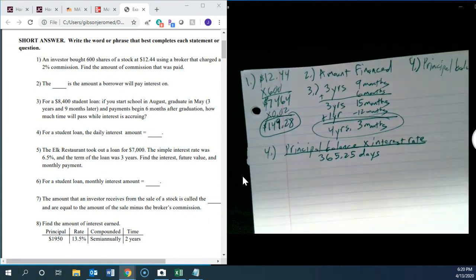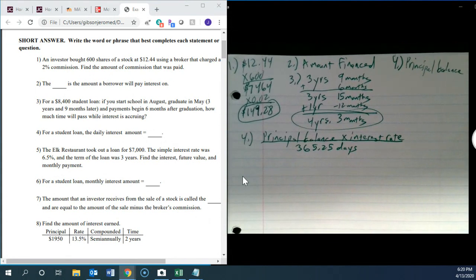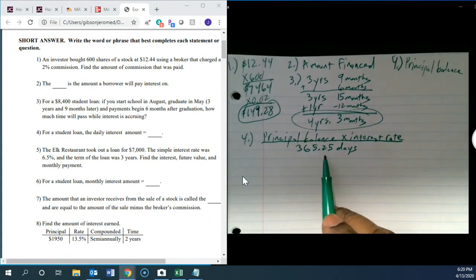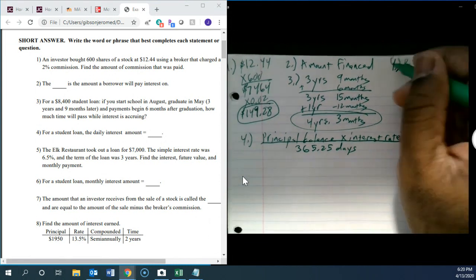Now, we went over that before as far as why we had 365.25 days. This 0.25 accounts for the leap year that comes every 4 years, because we know every 4 years, this times 4 will add an extra day. All right, so that's number 4.